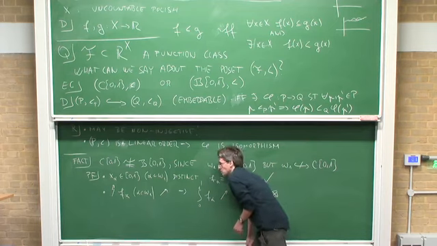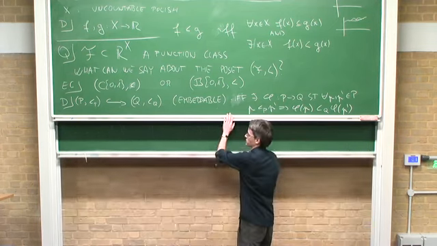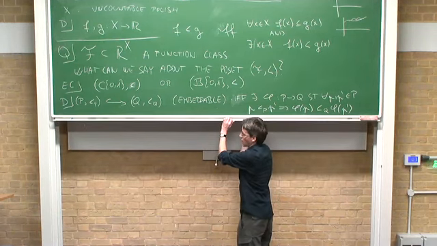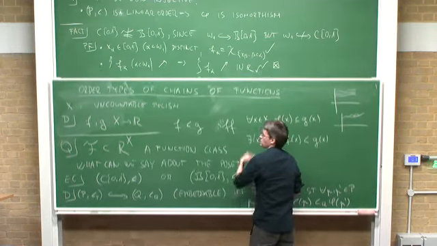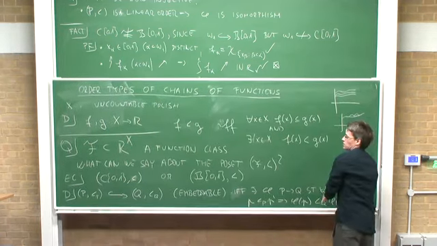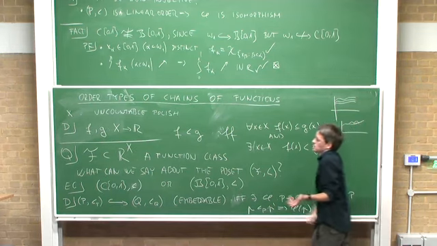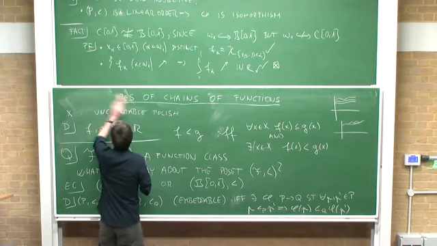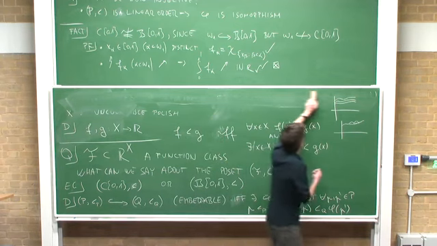Okay, but what I wanted to get out of this was that there is a natural question here. If you want to understand these posets, how do the well-ordered chains in these posets look?